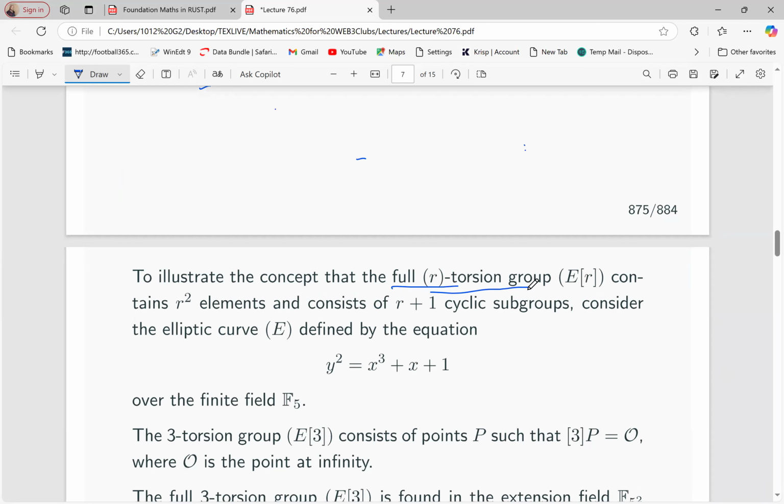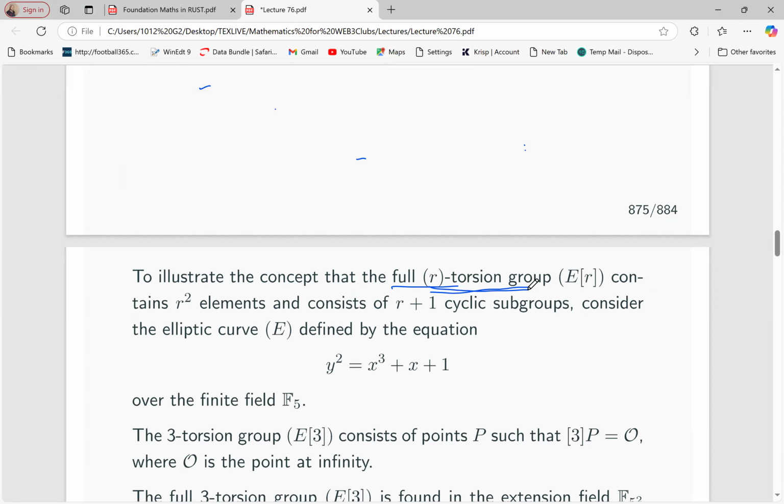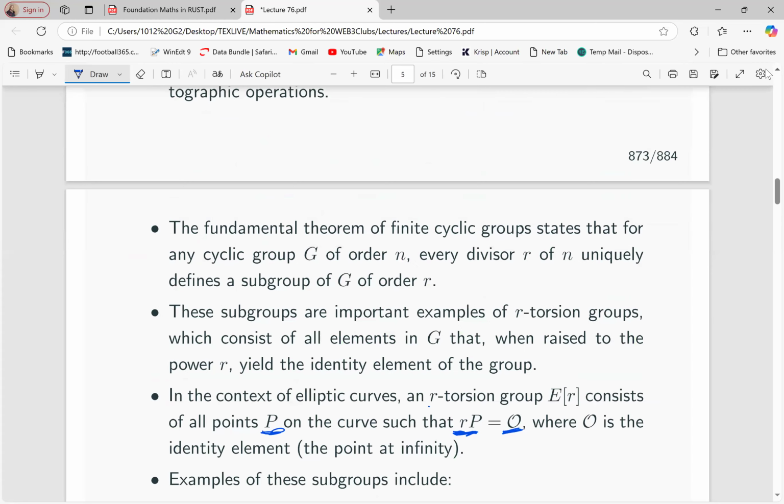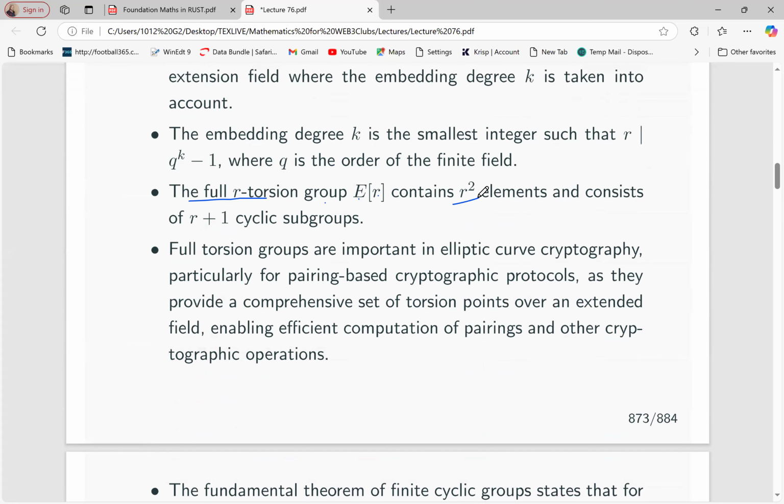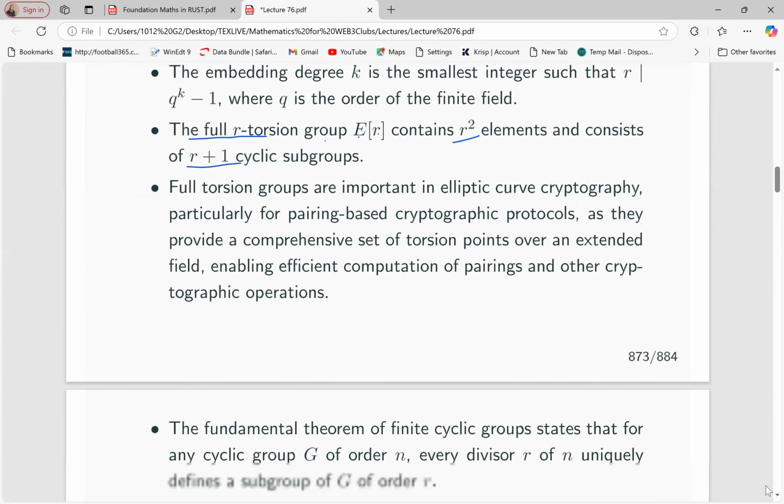We talked about the R torsion, in this case our 3 torsion, where 3 is our R. And just before that example, we had said that we have what you call the full R torsion, and this full R torsion would have R square elements, and it will have R plus 1 subgroups. So that notion is what I'm now trying to explain.